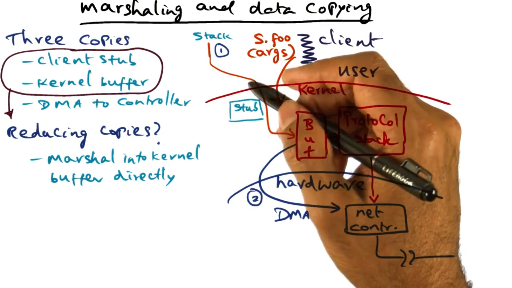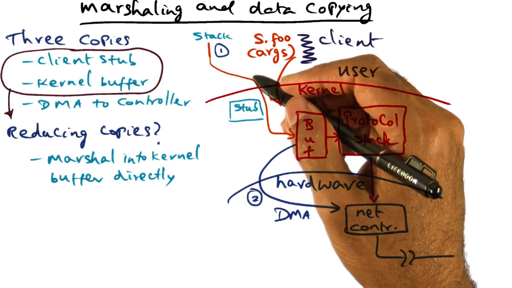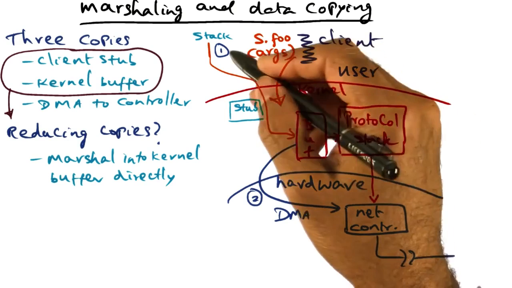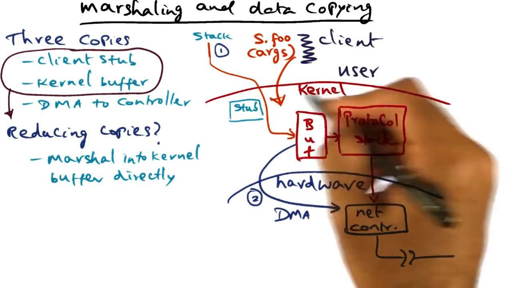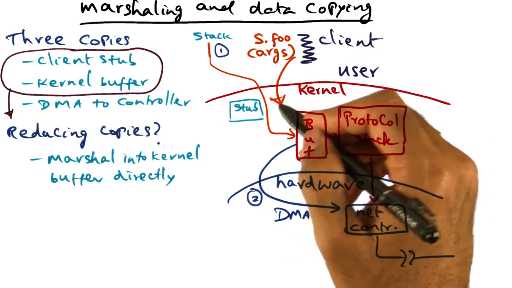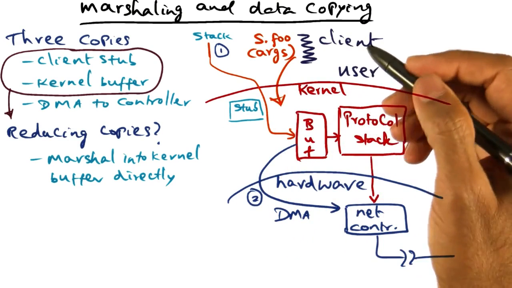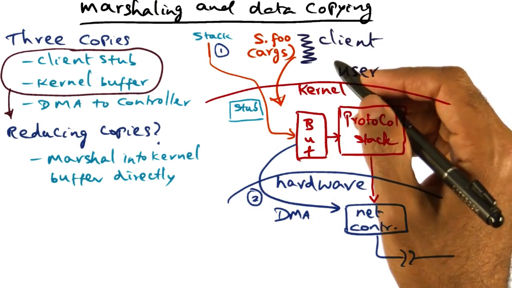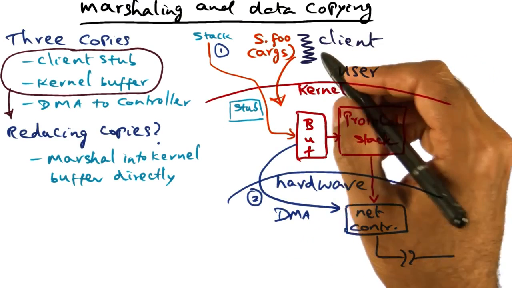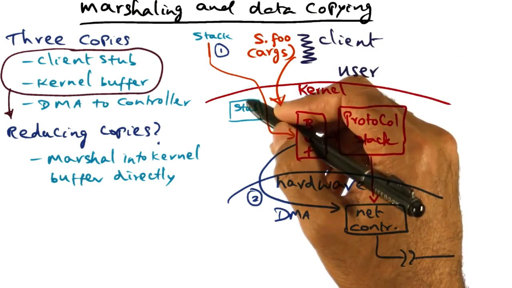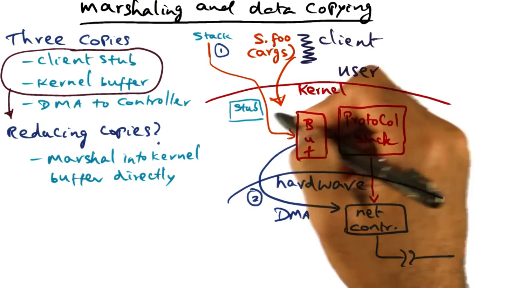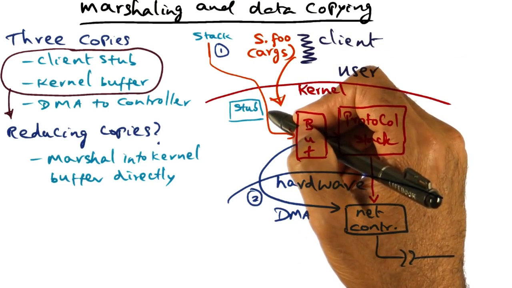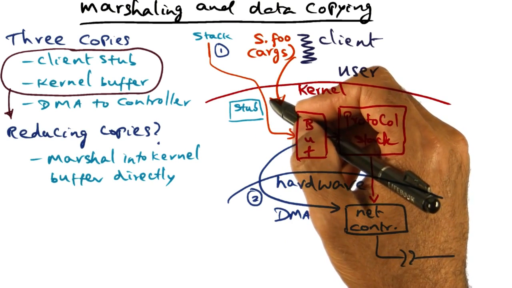So what this means is that at instantiation time, the client stub is installed inside the kernel. At bind time, when the client binds with the server, we're going to say that here is the client stub, please put it inside the kernel so that later on you can use that in order to do the marshalling.